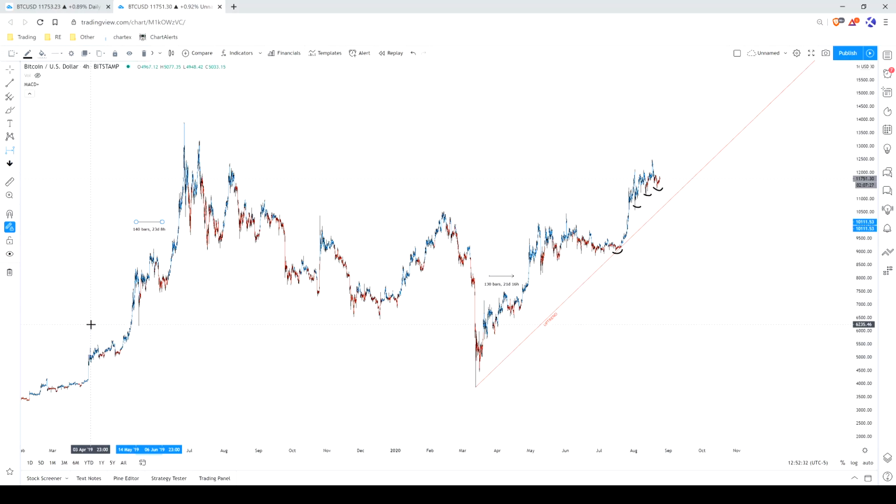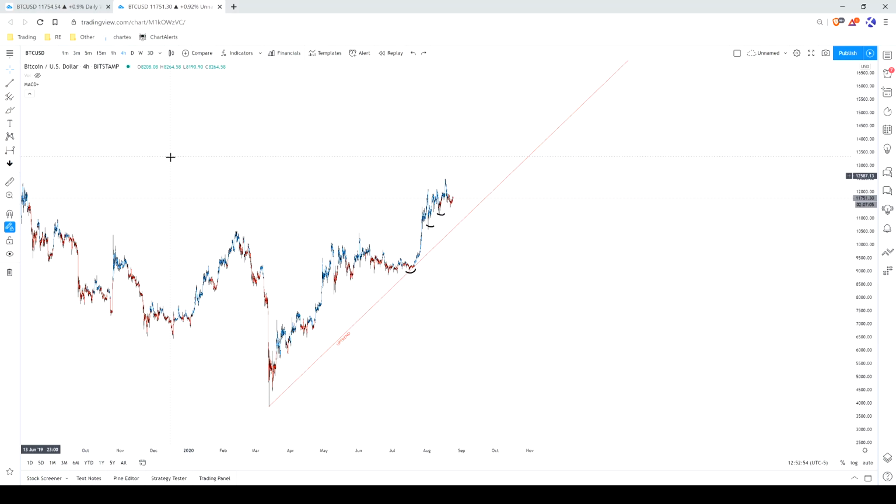If we take this high right here and pull it to this low here, 21 days. The likelihood that we have a completed structure right here making higher lows is pretty good. It's pretty strong that that's the case.